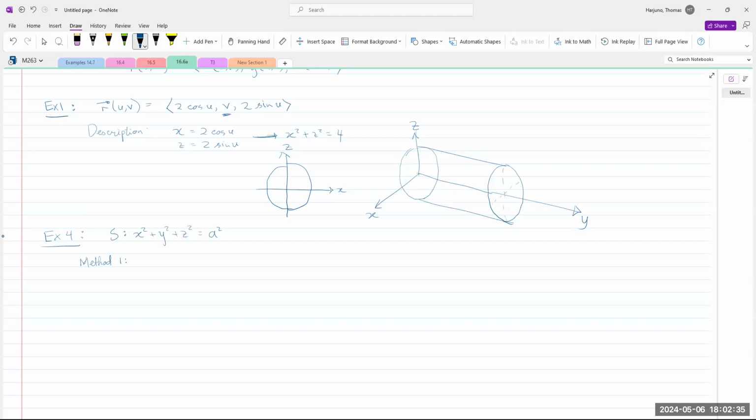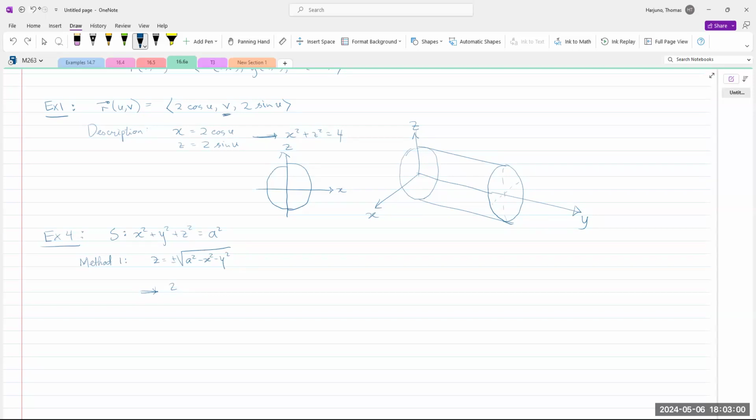You may solve for z equals plus or minus the square root of a squared minus x squared minus y squared, right? But because of that plus or minus, z is not a function of x and y unless you insist on splitting them into two separate functions. So the surface for the top and the surface for the bottom.